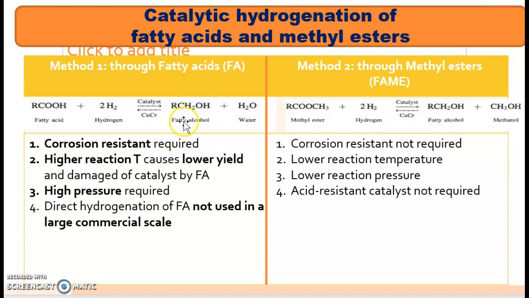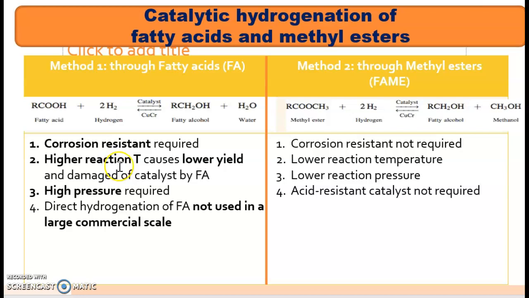What is the difference between these methods? So both of them use hydrogen, but their products and the raw material used differ. Since the fatty acid is a carboxylic acid, it involves acid, so the design of the equipment needs to consider corrosion resistance, as compared to the methyl ester, which does not require corrosion resistance.